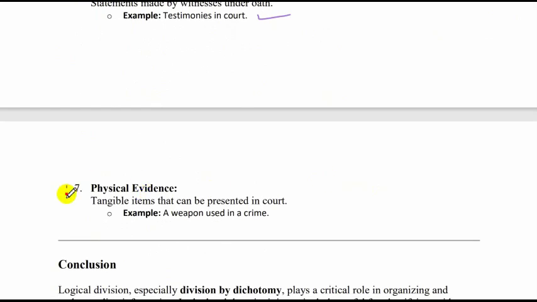The last is physical evidence: tangible items that can be presented in court, a weapon used in a crime, for example a knife or a gun or a car. Of course, you can't present the car, but clothing, and so on.